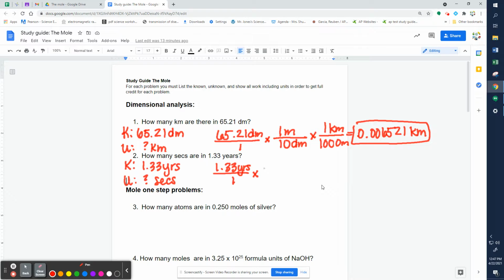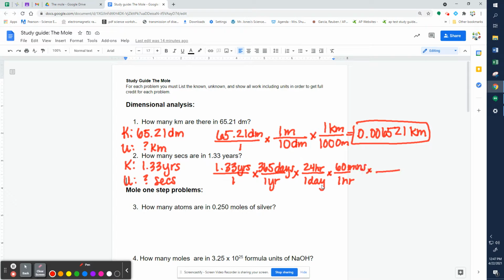So from years, we can go from years to days. So 1 year equals 365 days. From days to hours, 1 day is 24 hours. Hours to minutes, 1 hour, 60 minutes.